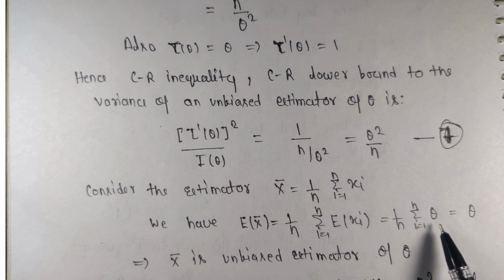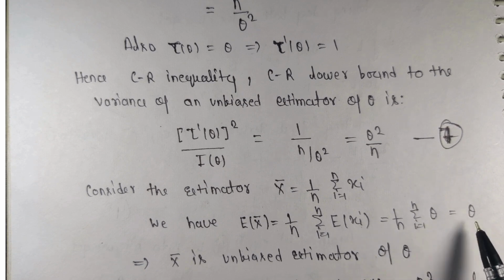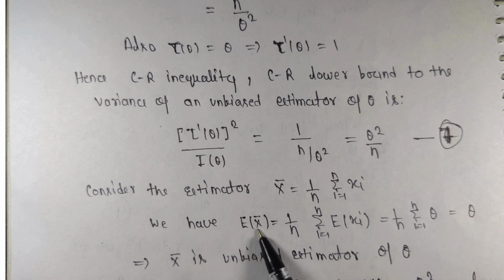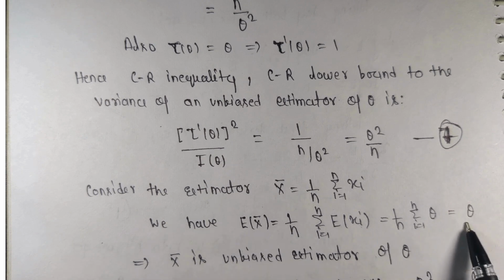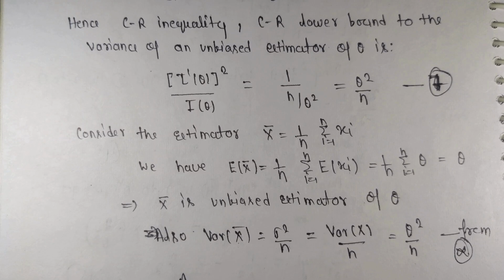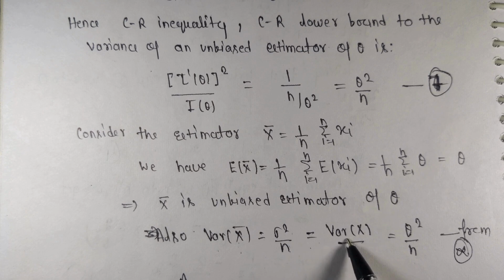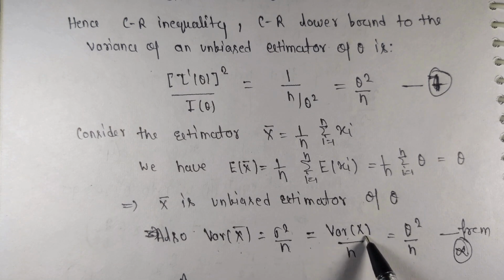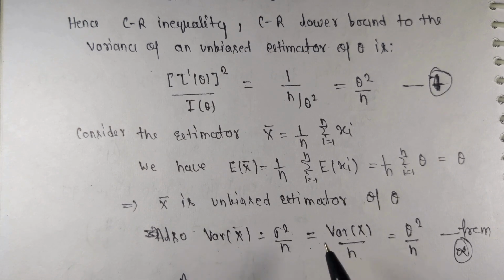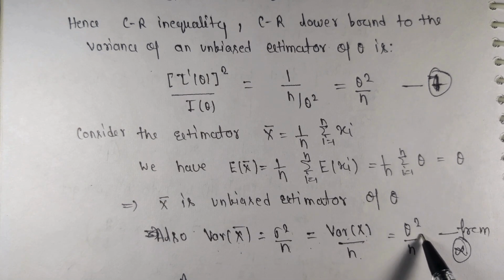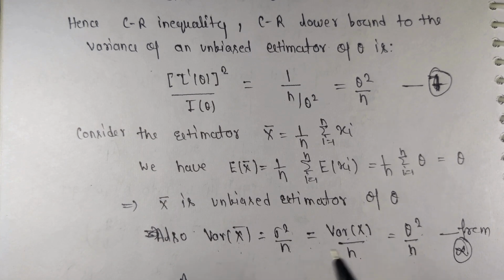So putting the value of expectation of xi, we get the final result that E(x bar) is equal to theta. That means x bar is an unbiased estimator of theta. And the variance of x bar is defined as sigma square by n, which in this problem is the variance of x upon n, and for the exponential distribution the variance of x is theta square. So the variance of x bar is theta square by n.